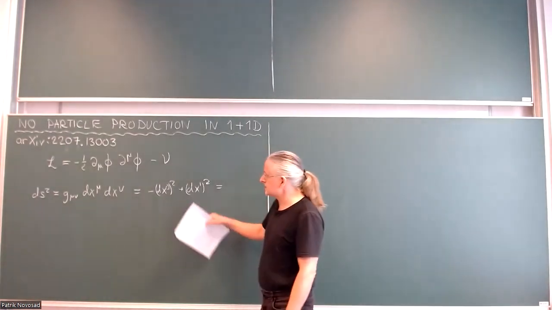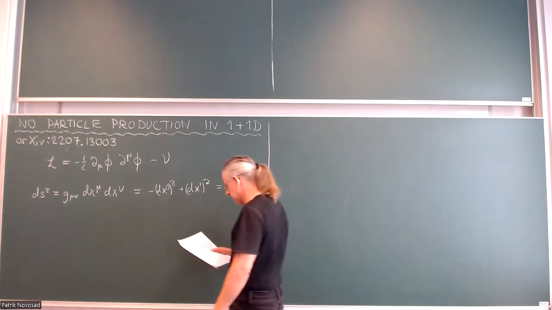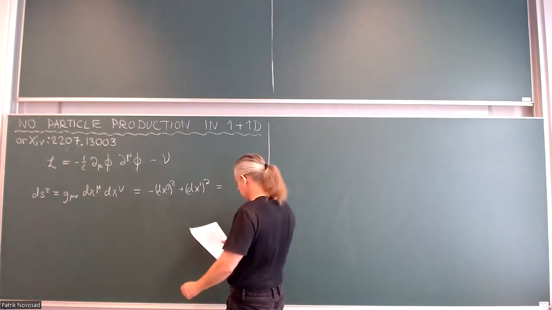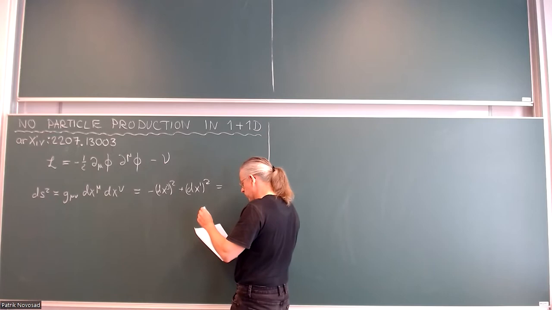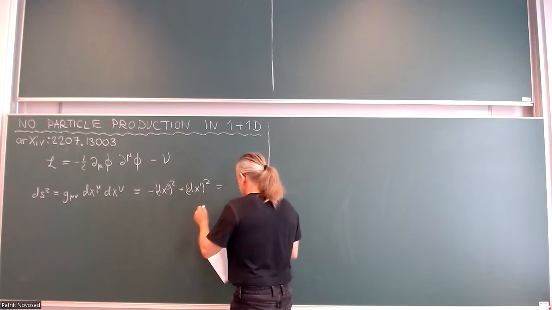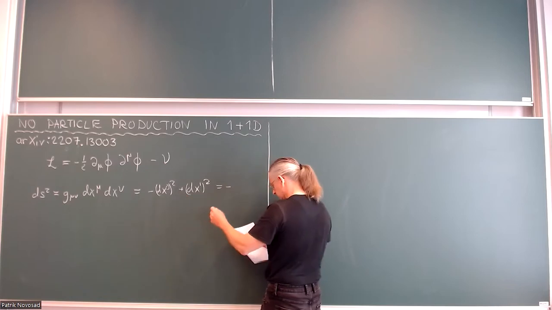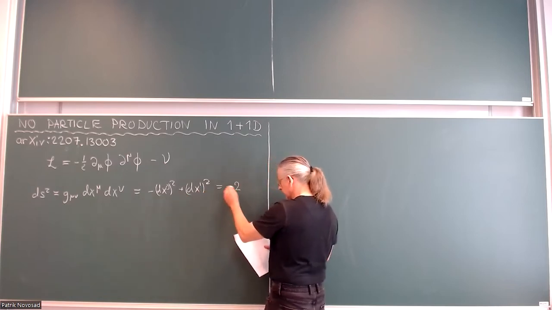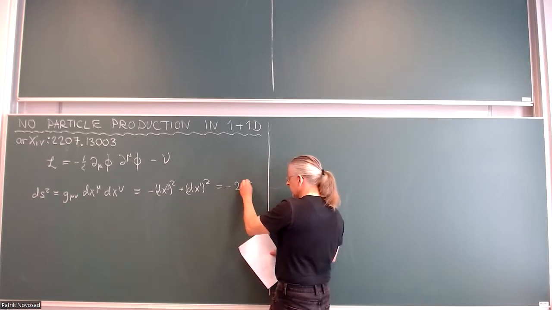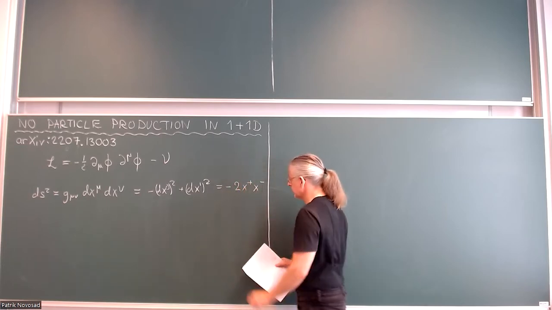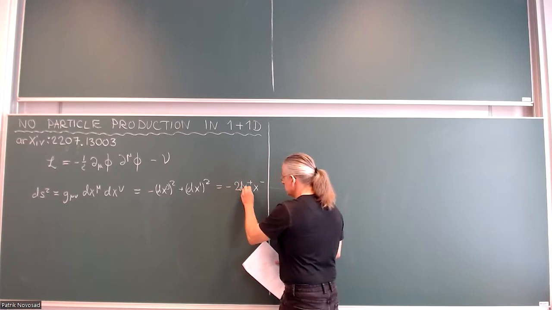So that's in 2 dimensions, and it is a good idea to use light cone coordinates. Light cone coordinates is where we rewrite the time and the x1 coordinate into x plus and x minus. Oh, I forgot the d's.